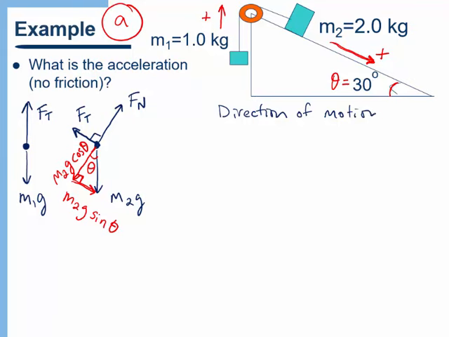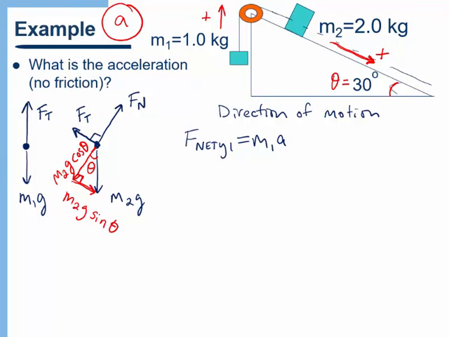So for object number 1, it's moving in the y direction. So let's write down F net y1, so the net force in the y direction on object 1 is equal to m1a. I'm not putting any subscripts on the a's because a is the same for both objects. For object number 2, its direction of motion is what we would call the x direction for it.